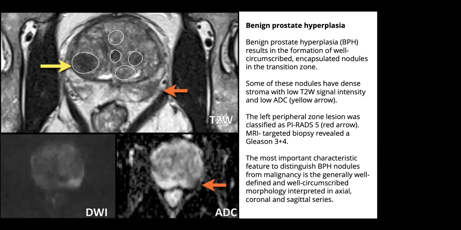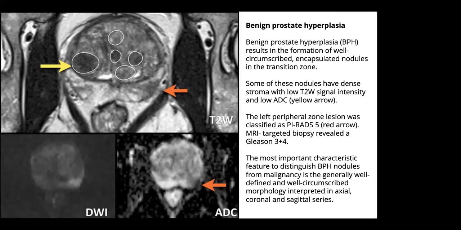They will have a similar appearance, in that they are also hypointense on T2 and on ADC as well. But on diffusion, they will not show hyperintensity. Sometimes mixed signal intensity can be seen, but a well-defined encapsulated lesion is usually a change of benign prostatic hyperplasia.